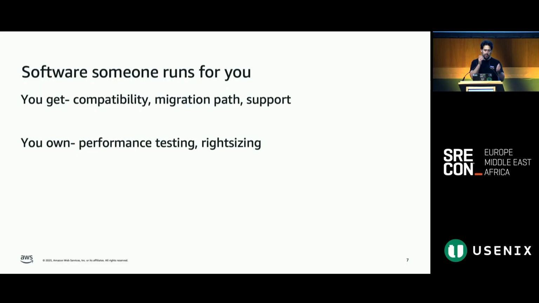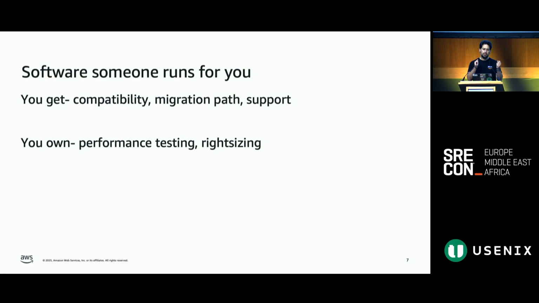The reason that these are easy is because someone else already did the legwork of checking compatibility and saying, OK, you can use this specific version onward. Someone else already did the legwork of designing a migration path and testing that migration path. And so you mostly need to read the documentation.